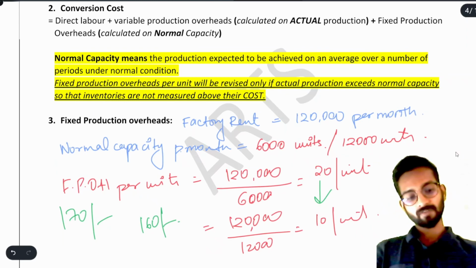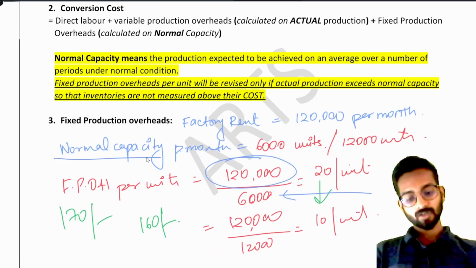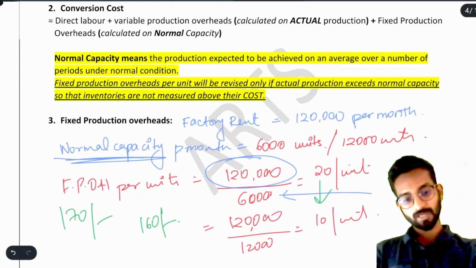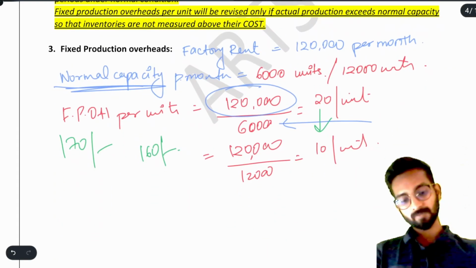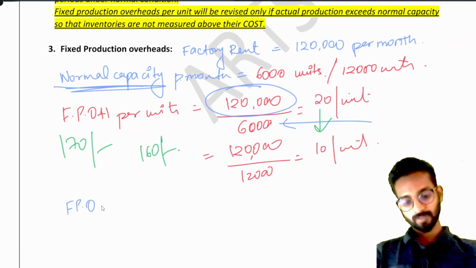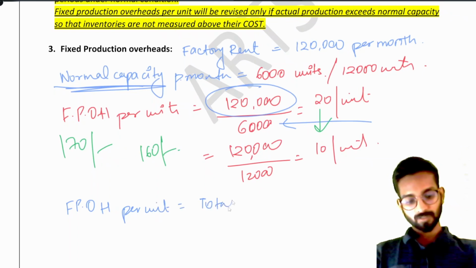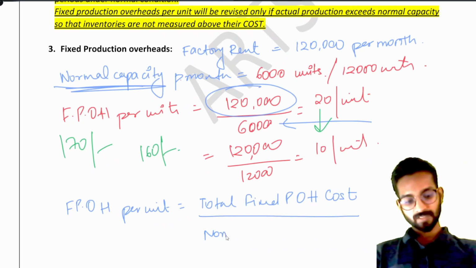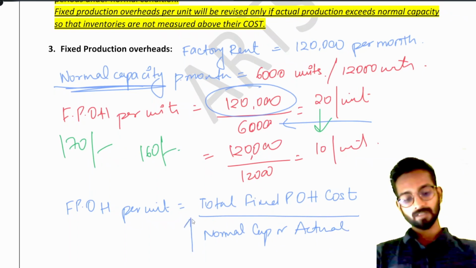See, remember this always: fixed production overhead per unit is equal to total fixed production overhead cost divided by normal capacity or actual production, whichever is higher.